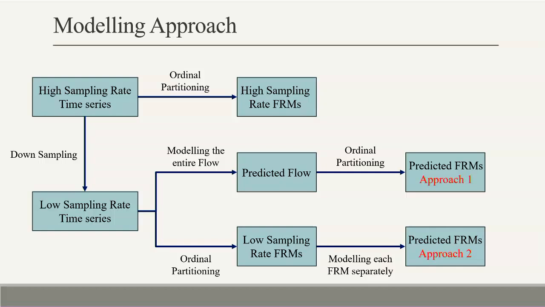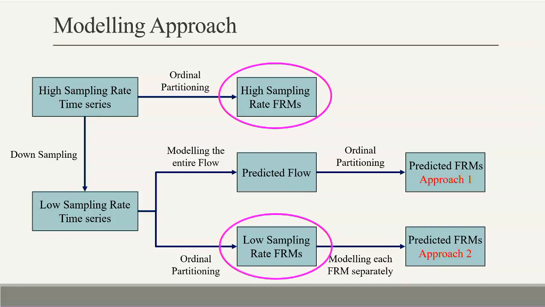First, I can model the whole flow, the entire Lorenz attractor, and then put the Poincaré section on the predicted flow. Or instead, I can use the ordinal sections on the attractor, get the first return maps, and then model each of these first return maps separately. And I'm going to compare which of these approaches works better.